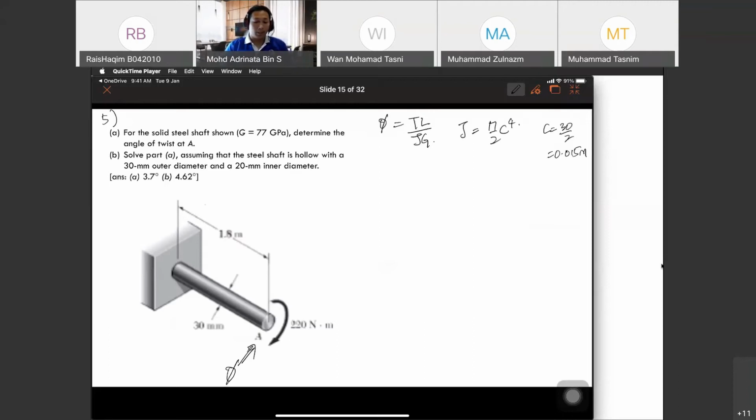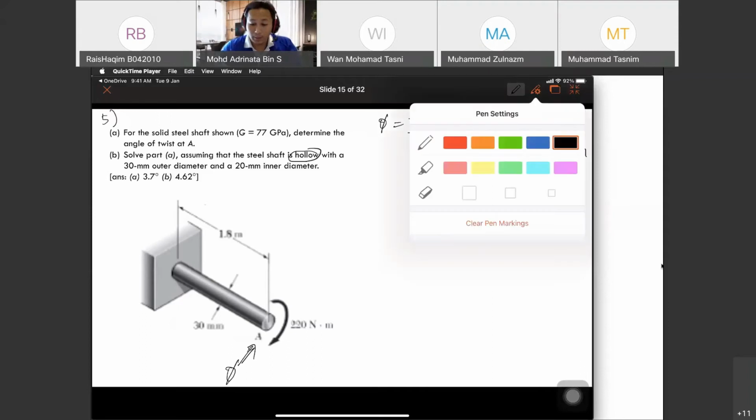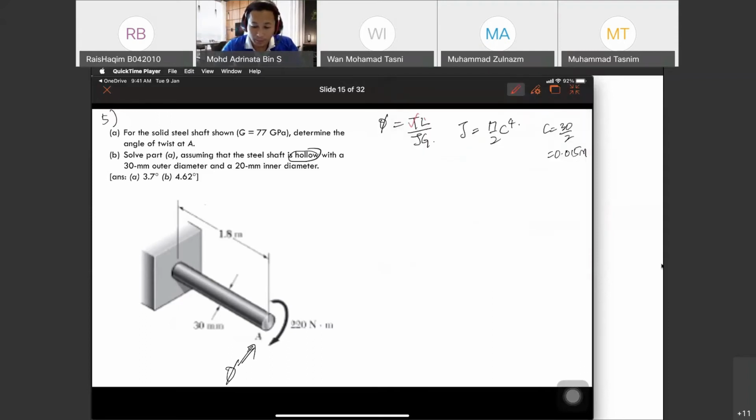Okay, ada lain tak? Solve part A, assuming that the steel shaft is hollow with a 30 mm outer diameter and 20 mm inner diameter. So ni hollow lah. So ada A dan B. Soalan A solid, soalan B hollow. Yang kita ada torque diberikan, L diberikan, kita ada C diberikan, G diberikan.